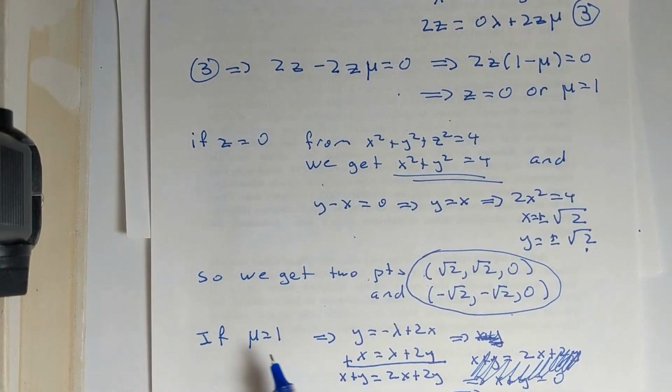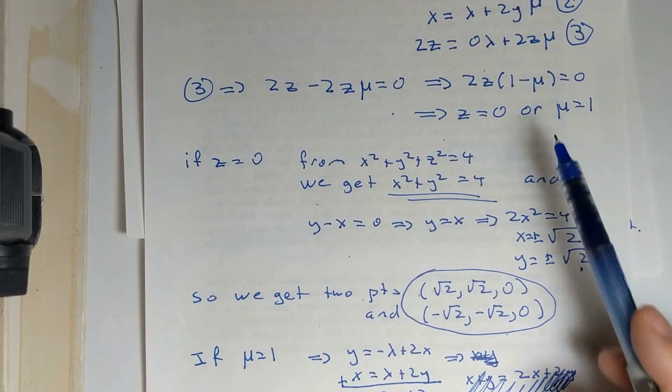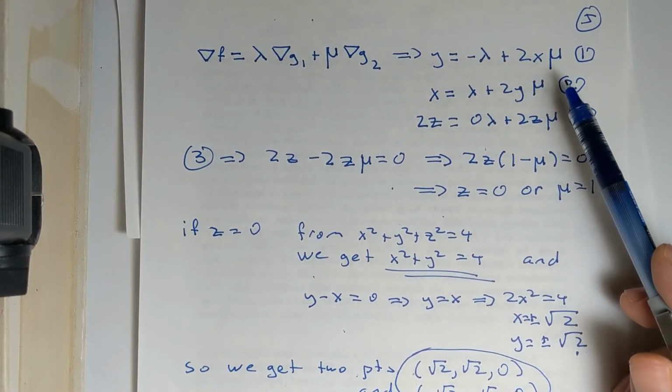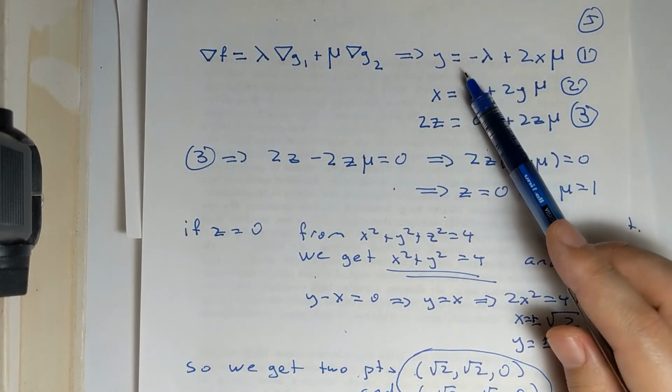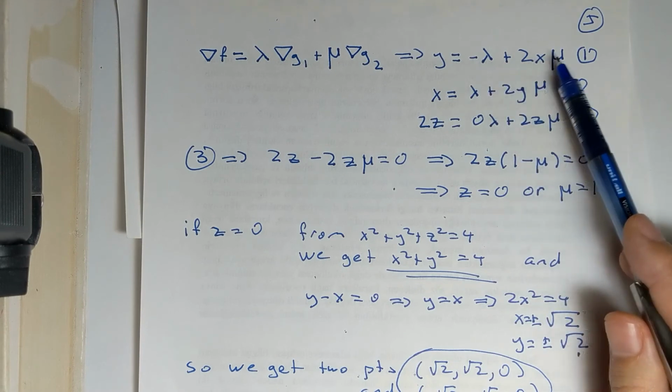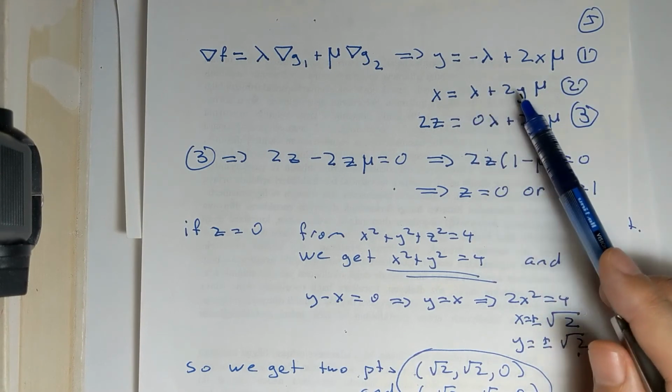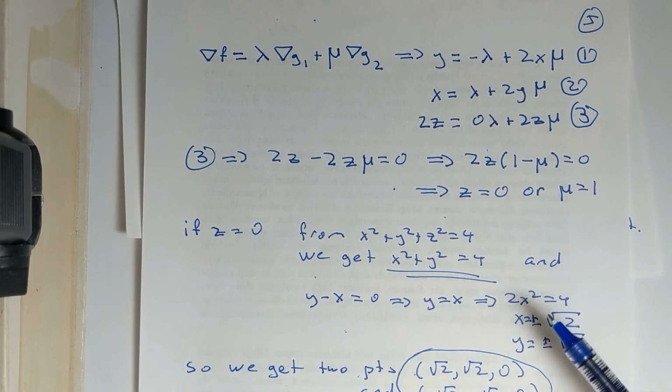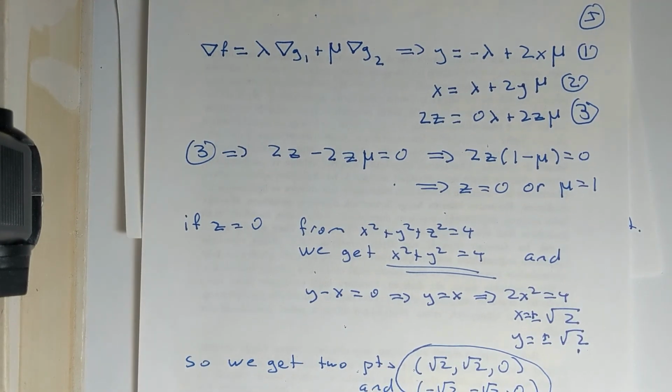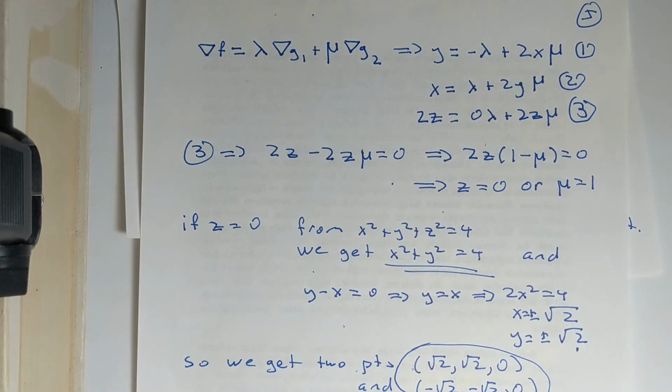Now, if mu is equal to 1, I go back to these equations. I get y is equal to minus lambda times 2x, and x is equal to lambda plus 2y. Okay, so I wrote those equations, plugged in mu equals 1, and if we add them one under another, we're going to get x plus y is equal to 2x plus 2y.